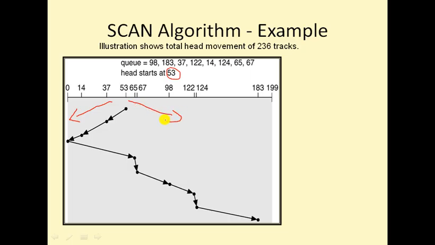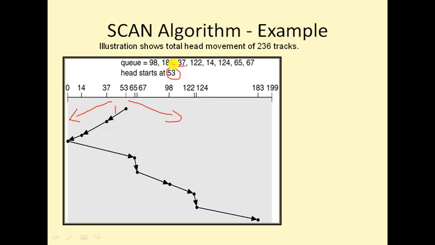In this example I start from 53 and choose to move towards the left side. What is the next track number available in the queue towards the left side? 37. So from 53 to 37, this is my first move.